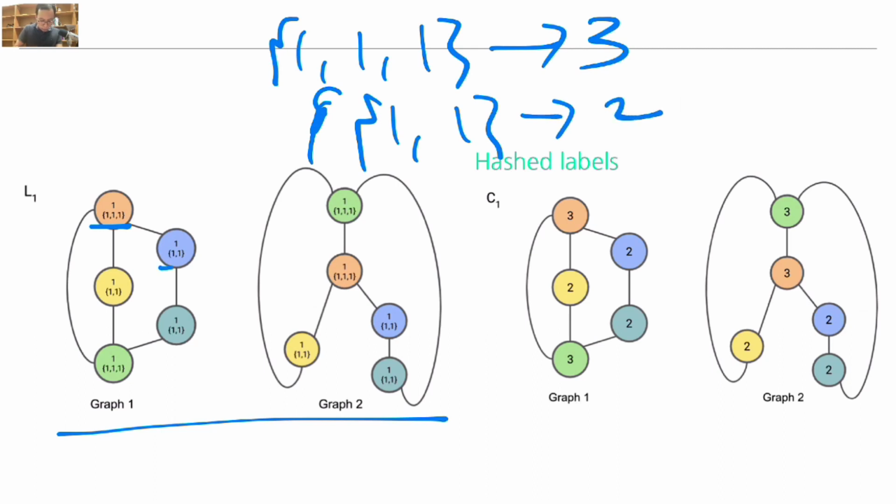So for 1 1 you assign 2, for 1 1 1 we assign 3. In this way we have 2 3 2 2 3. So now we are able to get the hashed labels, something like this.